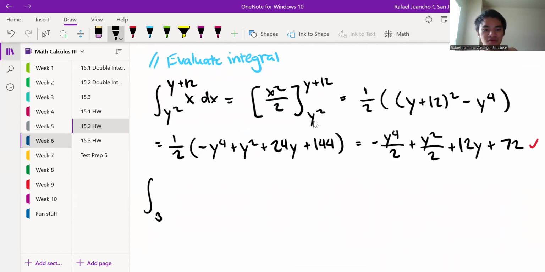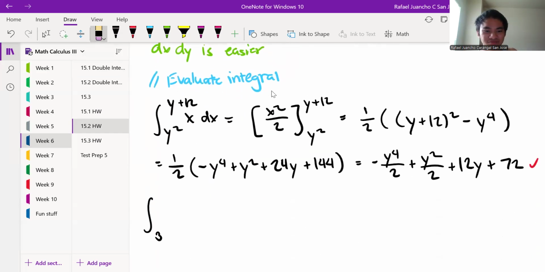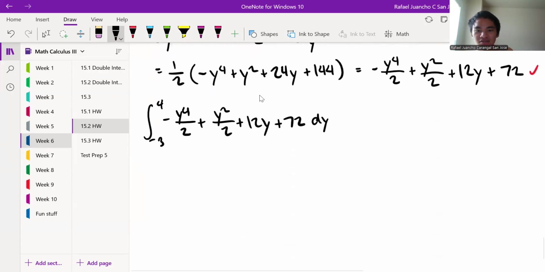So from negative 3 to 4 of this thing. Oh my goodness. Long, messy integral. What can I do? I'll straight up integrate.